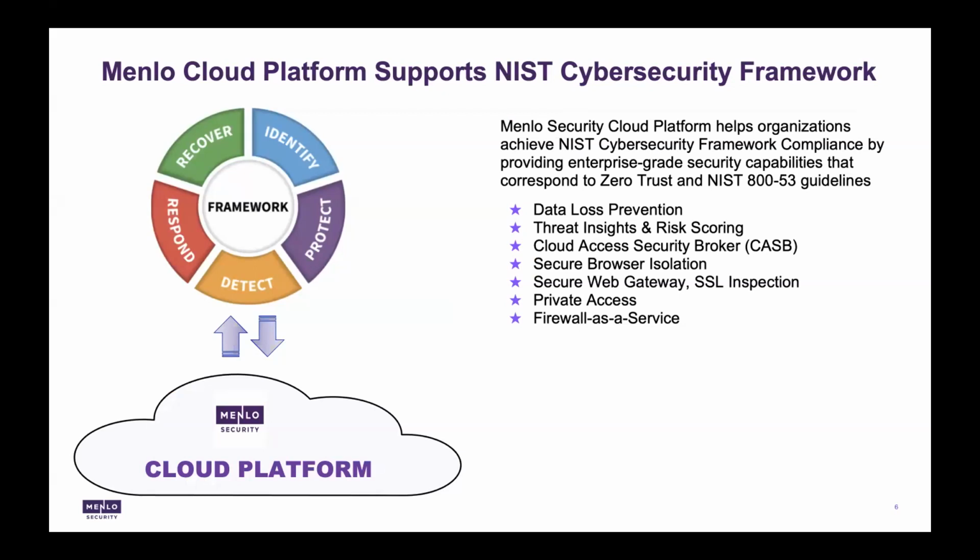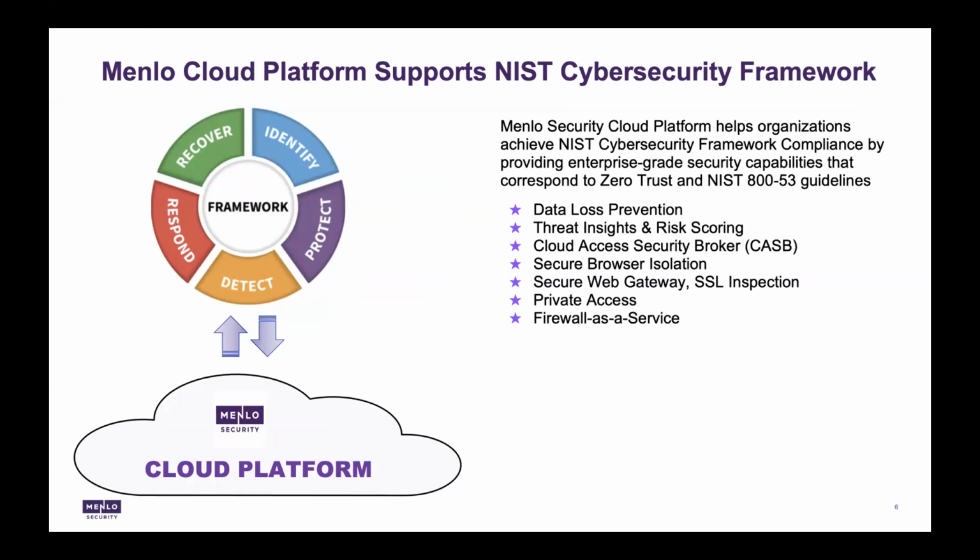If you look at the NIST 853 guidelines, and where this intersects zero trust, there are a variety of functionalities that are supported to address these core principles of identify, protect, detect, respond, and recover. And that means that when you're thinking about zero trust, when you're thinking about isolation, it has to be baked into the entire platform in a thoughtful manner.